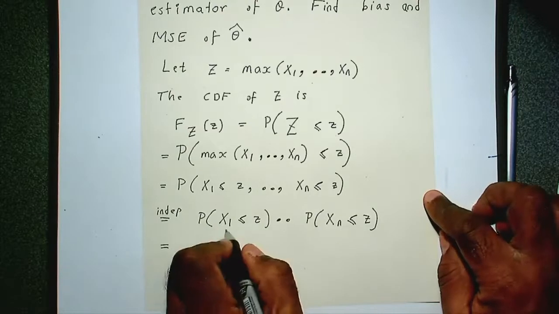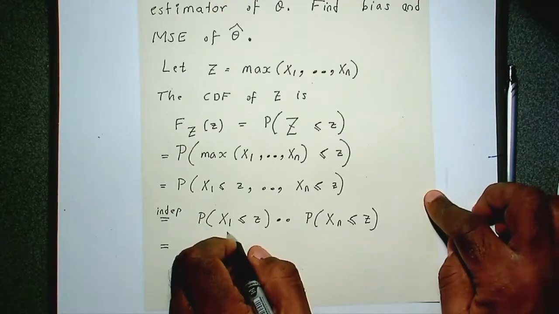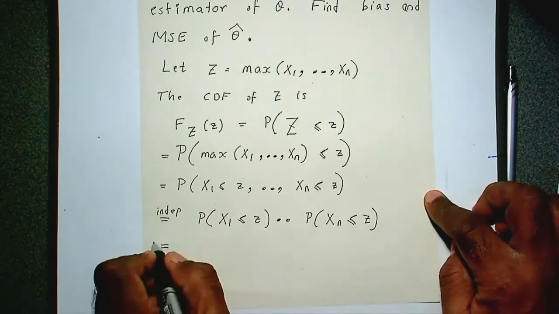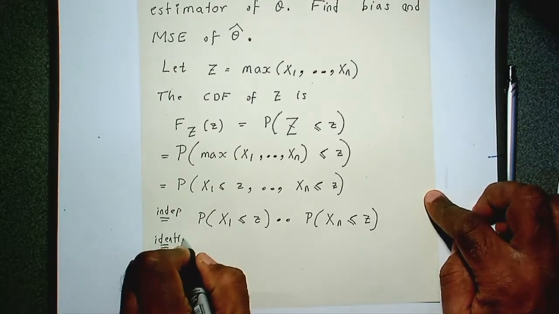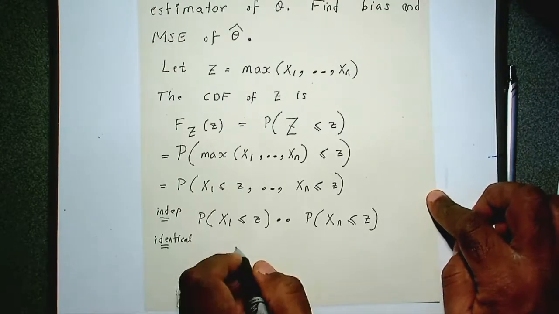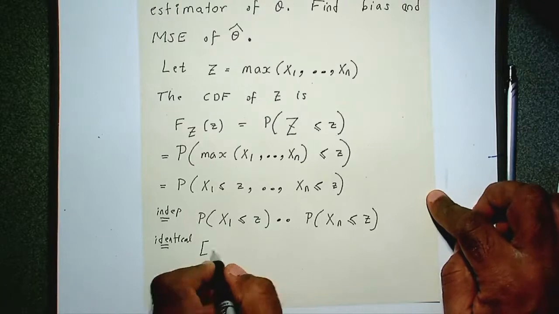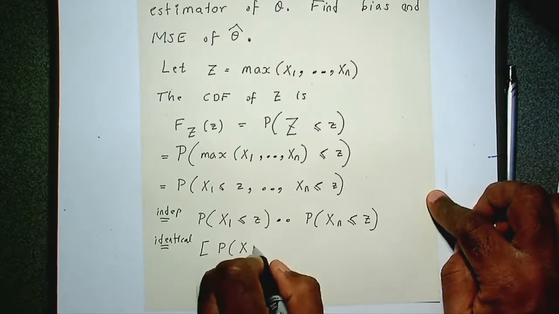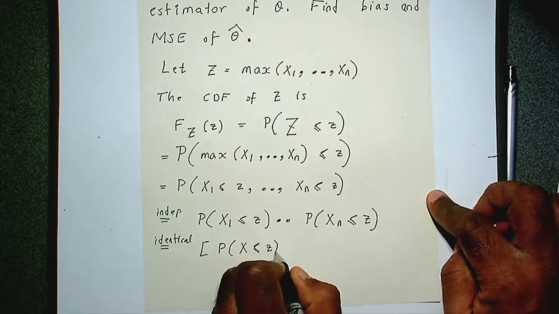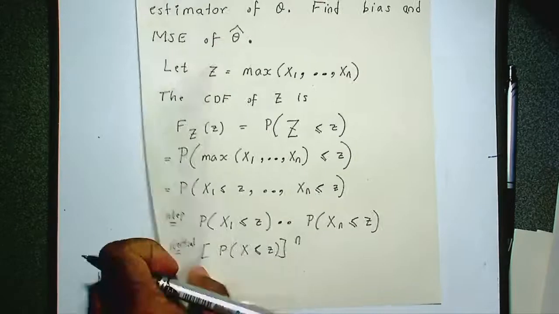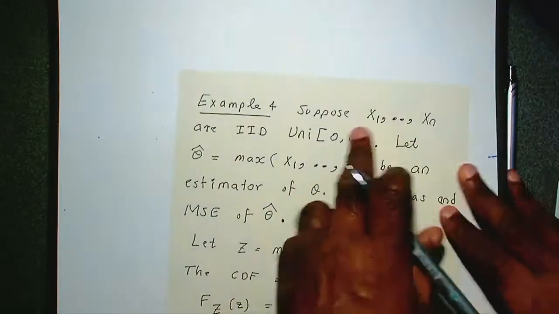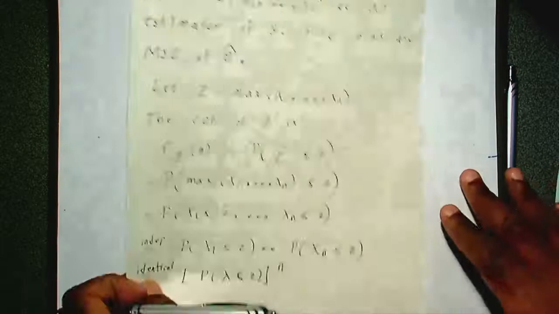And because we are also assuming that x1 to xn are identically distributed, you can write it like this, okay? Now what you have here is the CDF of a uniform. Remember, we are assuming that x1 to xn are uniform 0 theta.